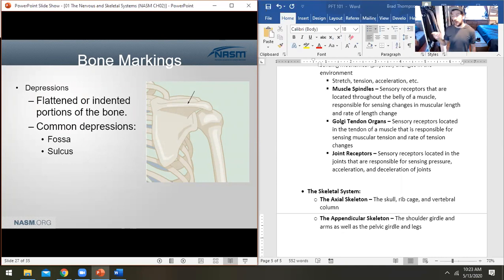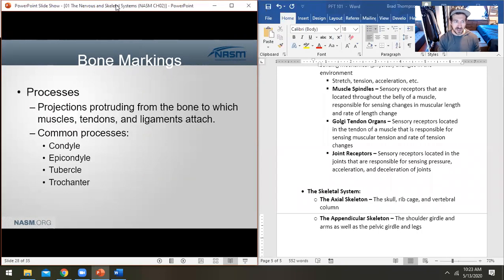On a rock climbing wall, sometimes you'll see the dented ones where you dig your fingers in. Those are depressions. But you'll also see the bumpy ones that you just have to grip and hold on to. Those are processes. So depressions are flattened or indented portions found in your skeletal system, and processes are projections from the bones. All of those bone markings give your muscles something to attach onto.